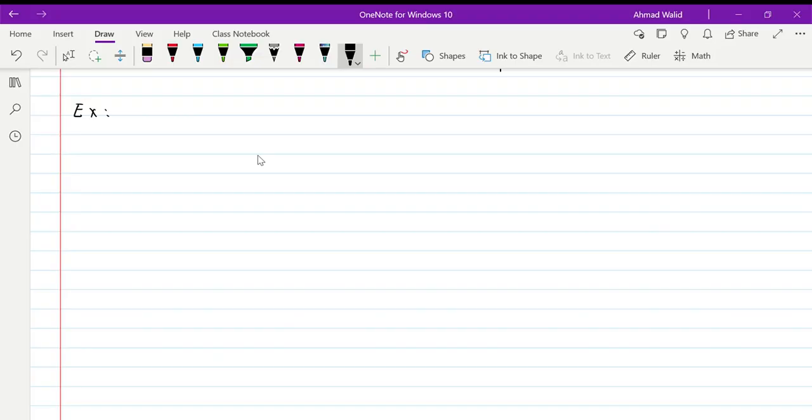They will ask you: find the difference quotient of this function, f of x equals x squared, and they give you a point a equals 5.